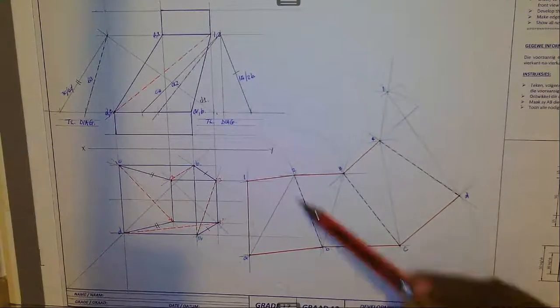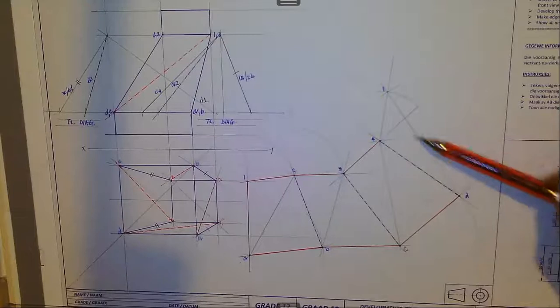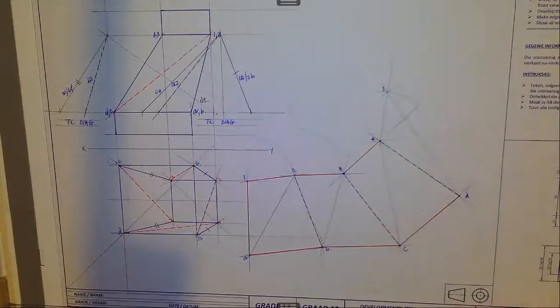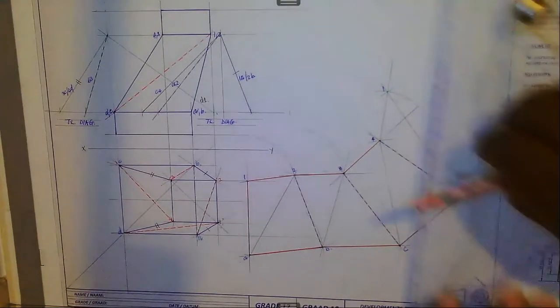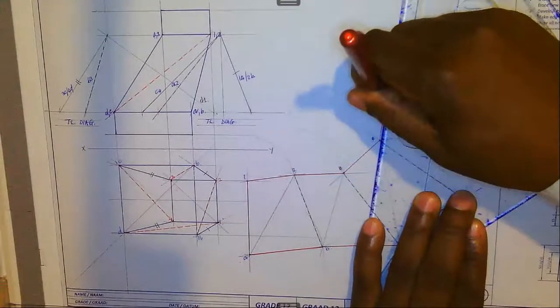So these triangles are necessary and are part of the drawing. So don't leave out these triangles. They are marks as well. So in an exam, you'll be credited for that.